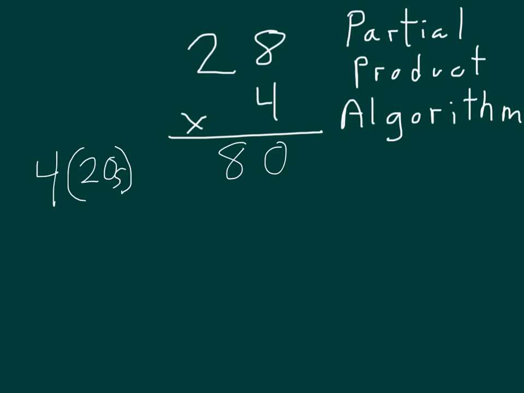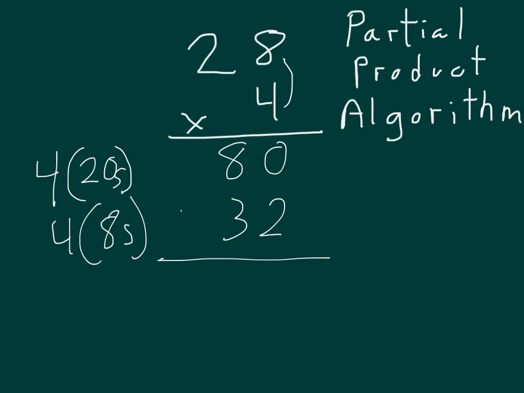Your next step is you're going to multiply 4 times the 8, 4 eighths, which equals 32. You add these together to come up with 112. So first you have 4 20s, then you're doing 4 eighths, adding together to get 112.